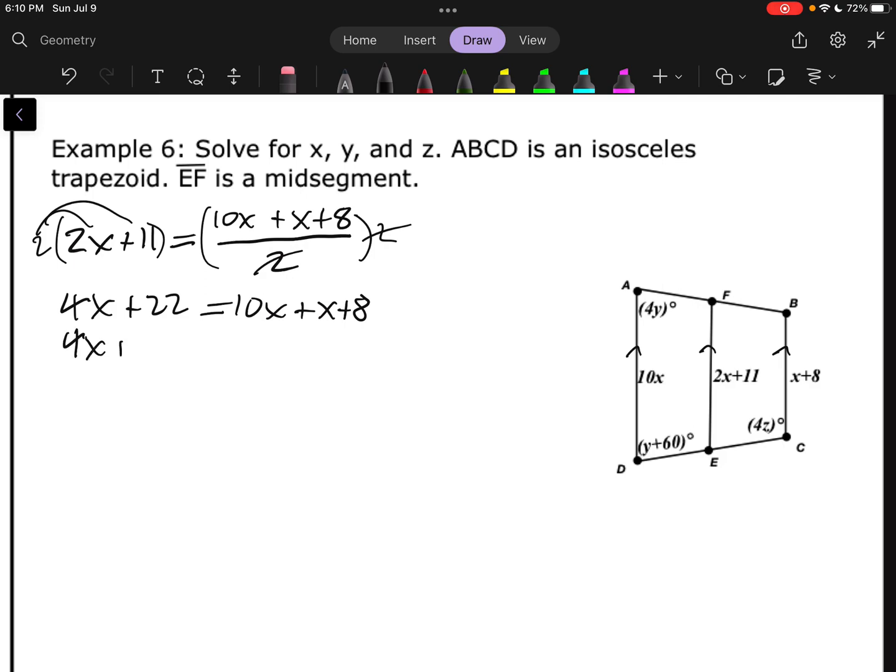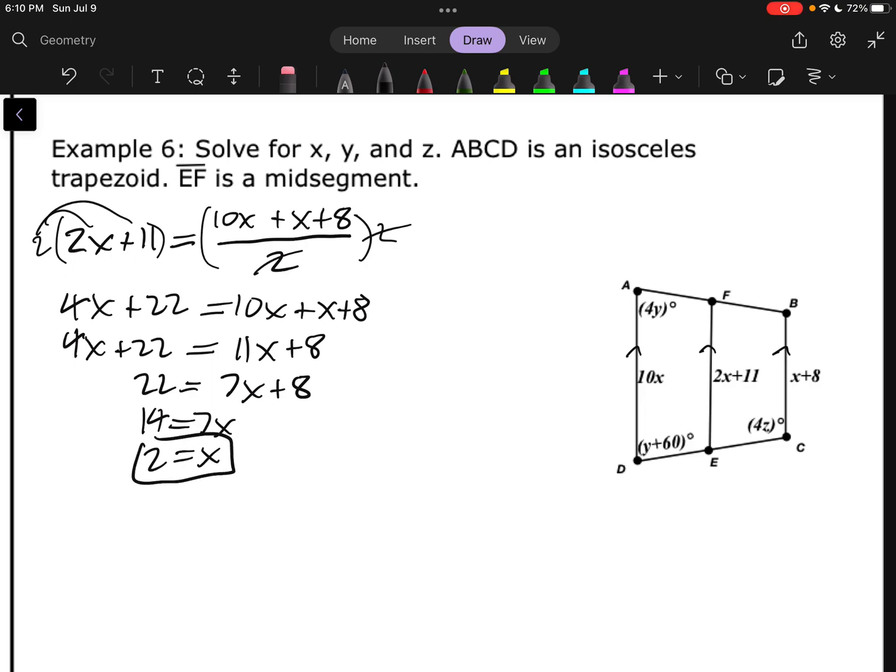Now, combining my like terms gives me 4x plus 22 is equal to 11x plus 8. If I subtract the 4x, I get 7x plus 8. Subtract the 8, now I get 14 is equal to 7x. It means that x is 2.